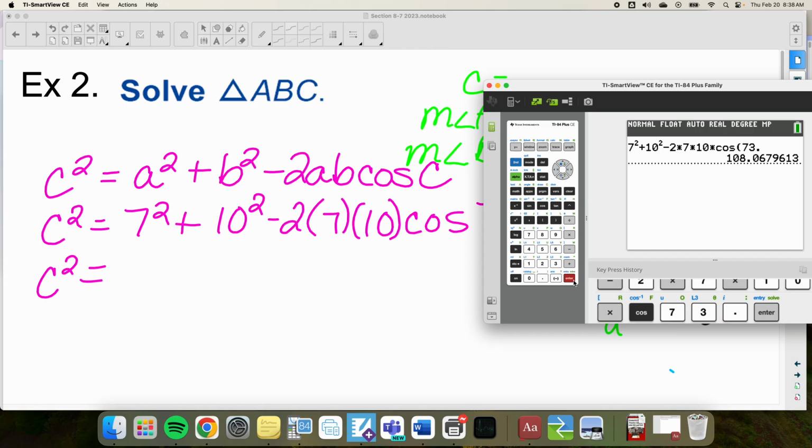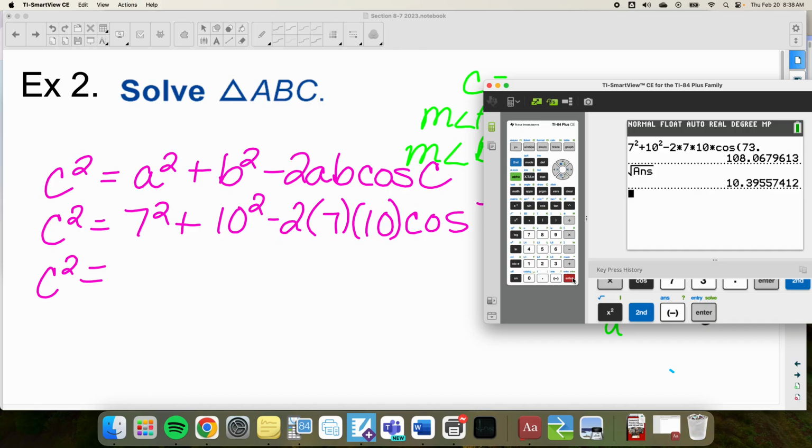How do I then find c? Square root, okay? So I can keep it in my calculator, and I can go second x squared to get the square root, and then I can call that answer down by going second answer. And when I do that, I have 10.395, okay?